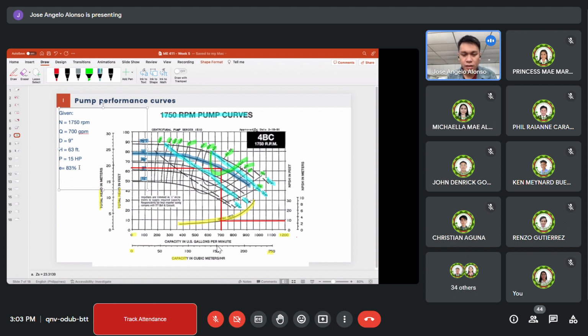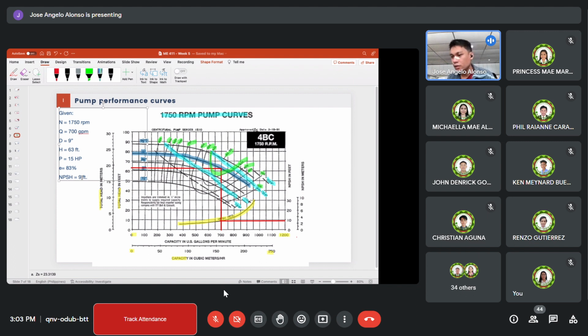So, based from the graph, NPSH is equivalent to, dito sila nag-intersect, so let's assume around 9 feet. Tama ba, class? Clear ba sa atin?